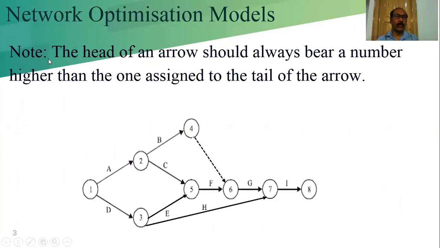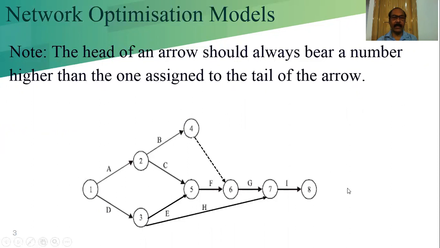Network optimization models. Note that the head of an arrow should always bear a number higher than the one assigned to the tail of the arrow. Now here we are considering an example where this is the start event with the number 1. How many nodes are there? 1, 2, 3, 4, 5, 6, 7, 8.